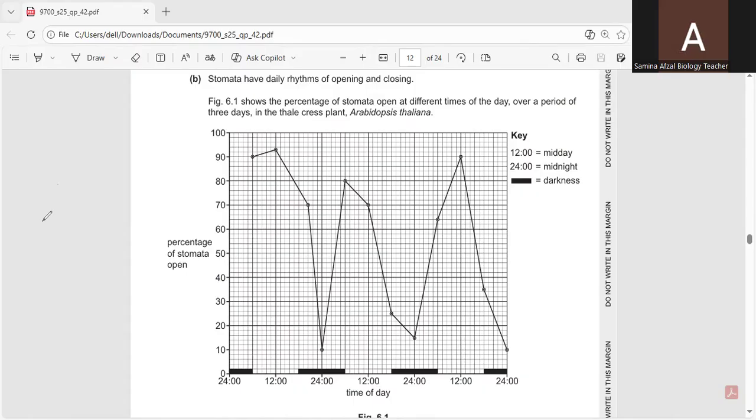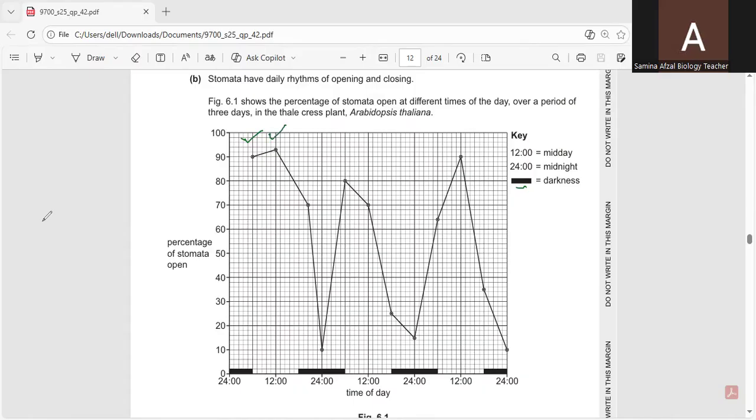The 12 shows midday, 24 hours shows the midnight, and this thick black line shows the darkness. So here you can see that at 6 hours the percentage of stomata open is 90%, and then at 12 hours it is 93%.